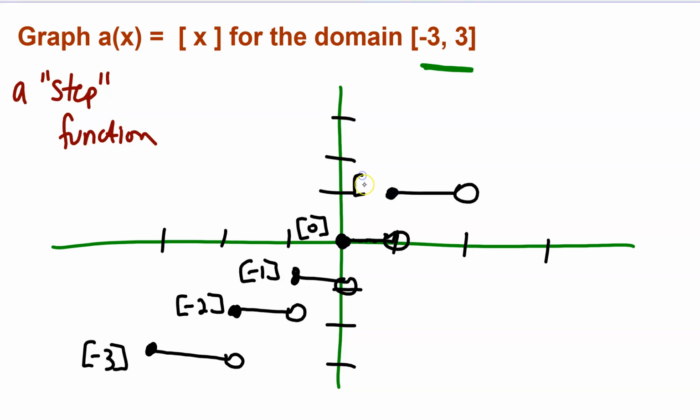So this is 1. And then 2 to 3, and this is 2. And then the next one's going to be just 3 because it wants us to stop there. We have to stay within that domain, otherwise we would keep going. So that's what this greatest integer function looks like.